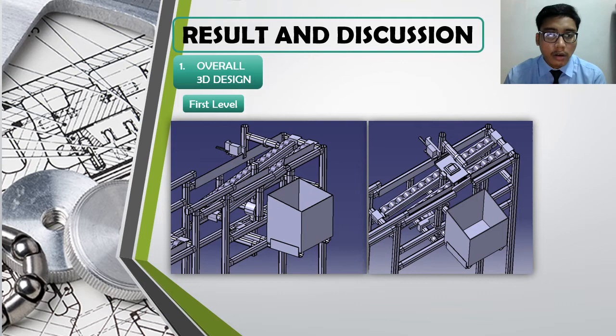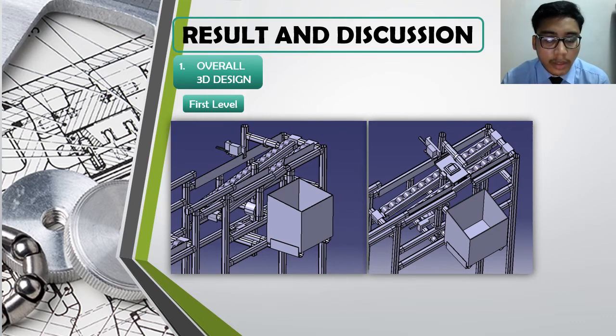The location of all the parts that have been designed are the same for all the levels in this quality inspection line. As we can see on the figure, there are two pushers used in a single quality inspection line. First is on the left side of the line, which functions to push a rejected product into the NG box, and another pusher is at the bottom part of the stopper, which functions to move the stopper.